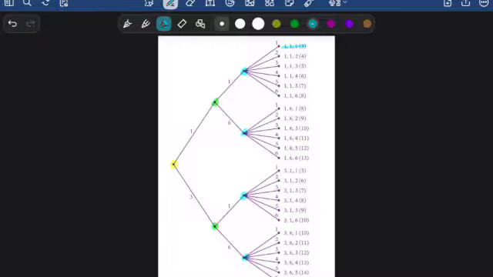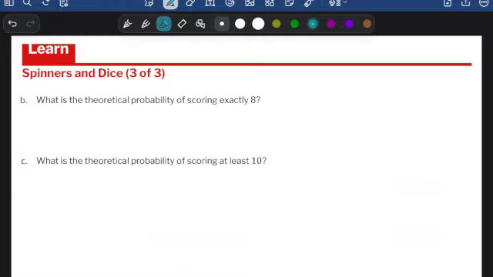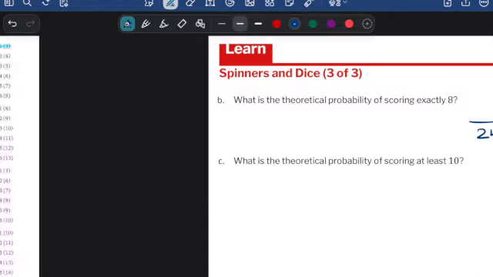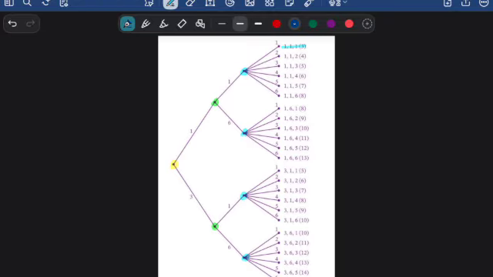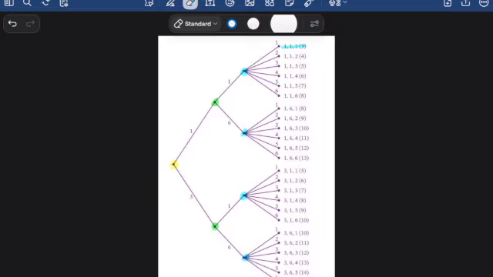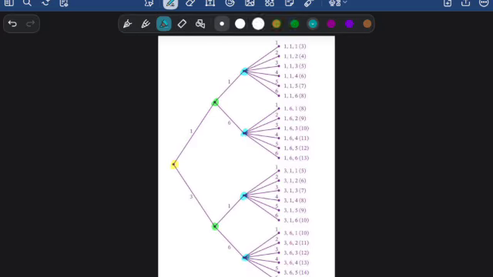They're all unique. What is the theoretical probability of scoring exactly 8? So again, out of our total of 24 possible outcomes, how many score exactly 8? If we look back at our tree diagram, since it's already organized and labeled, we can just find the outcomes that have a score of exactly 8.